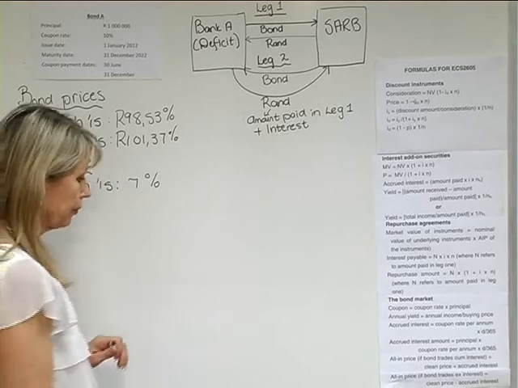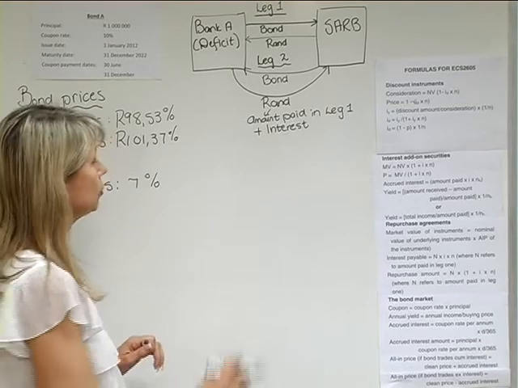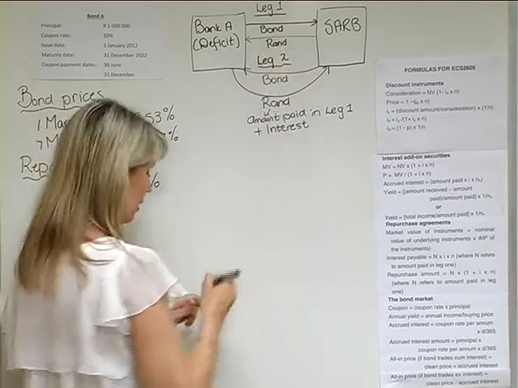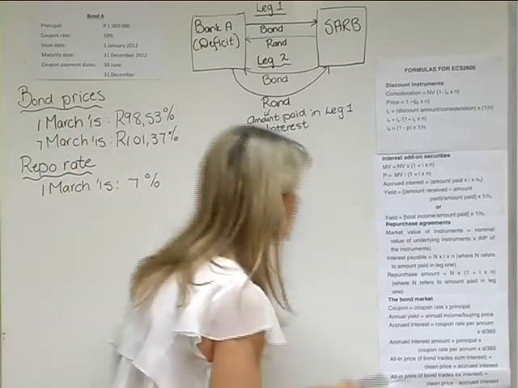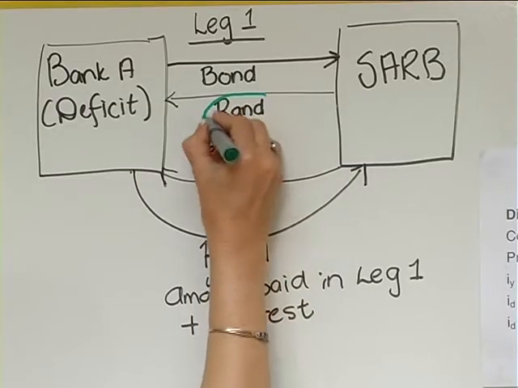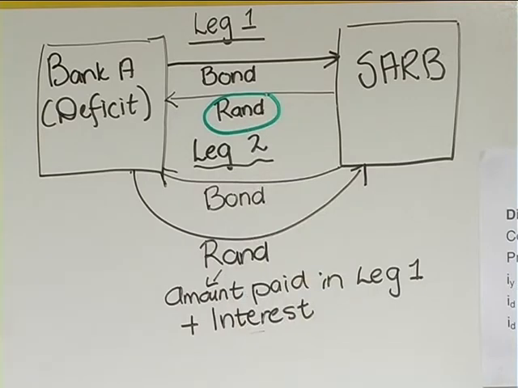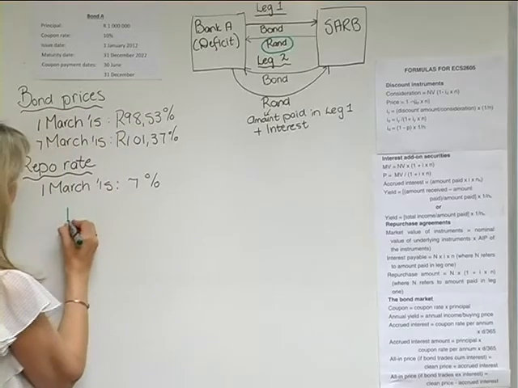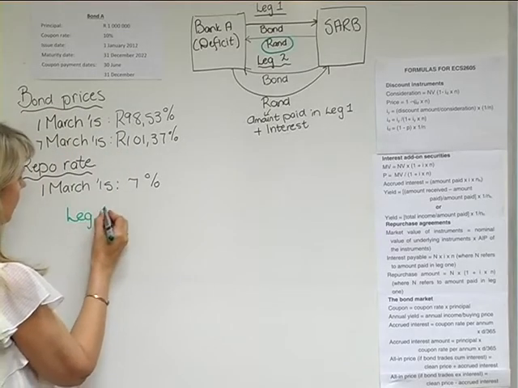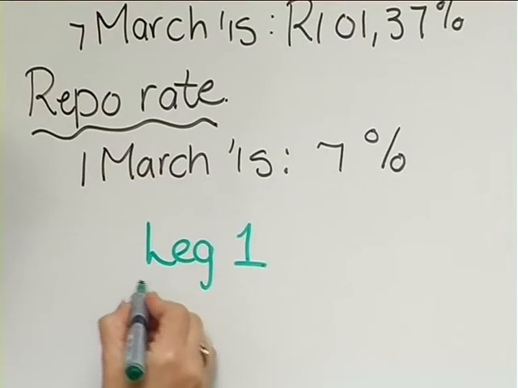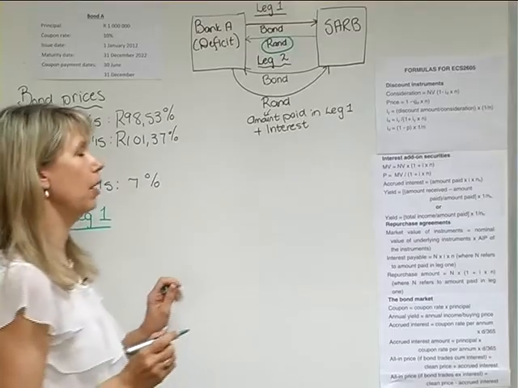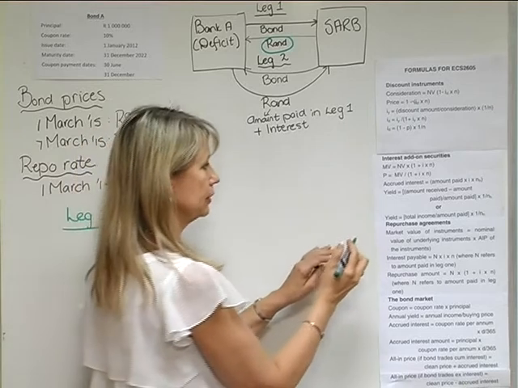Right, so what we want to do now is calculate the amount that is going to flow in the first leg. So in leg 1, we go to our formula sheet.